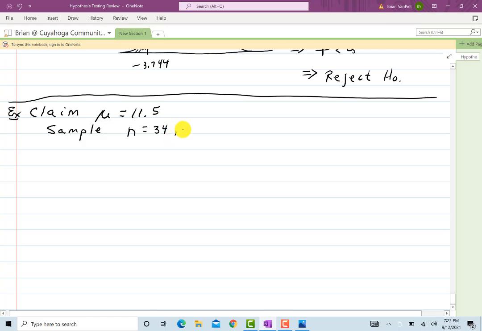So once again, that's a good n to have. X bar equals 12.2 and s equals 2.2. Let's test the claim at alpha equals 0.10.